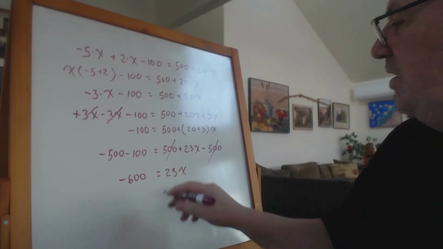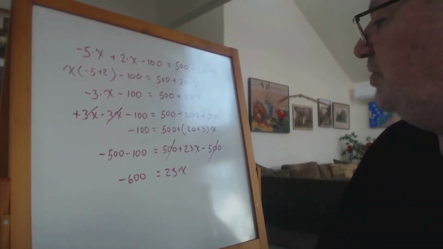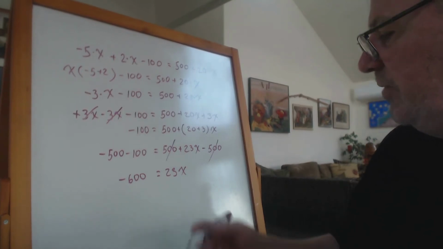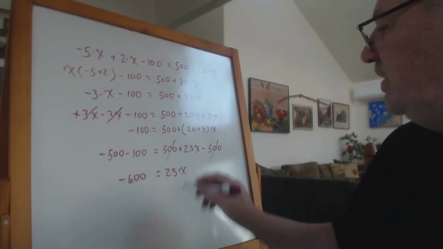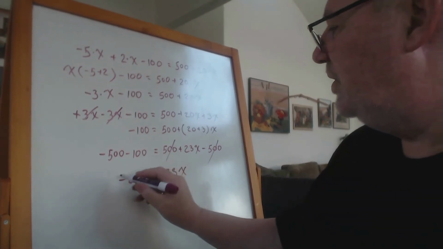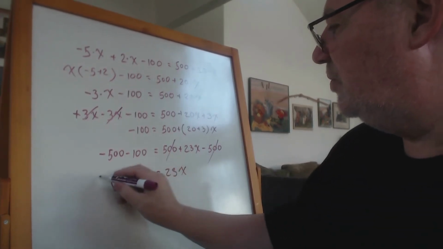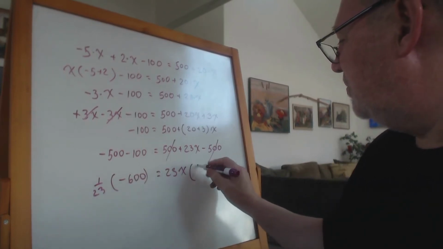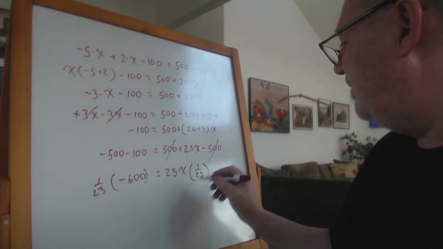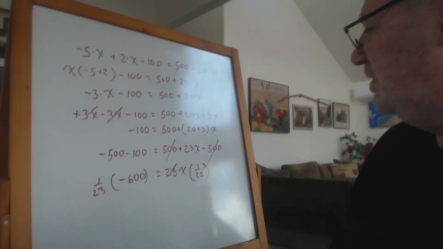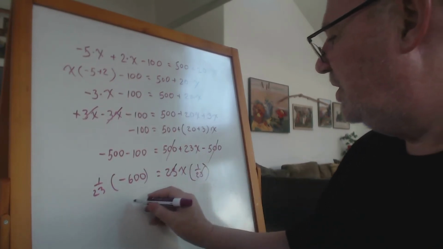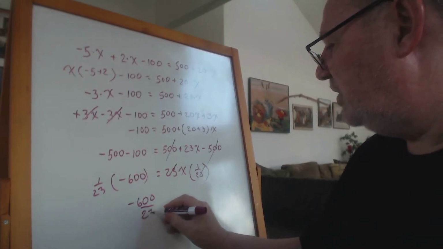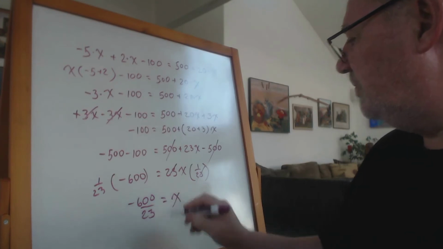If we divide by 23 on both sides or multiply by 1 over 23, we isolate x. So we can go 1 over 23, and this is 1 over 23. That cancels, and we have minus 600 over 23 equals x.